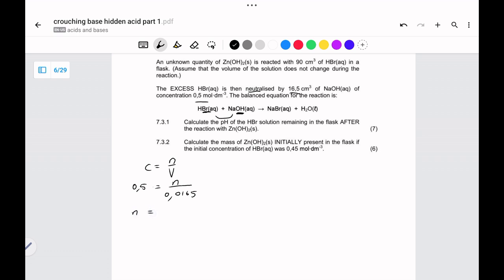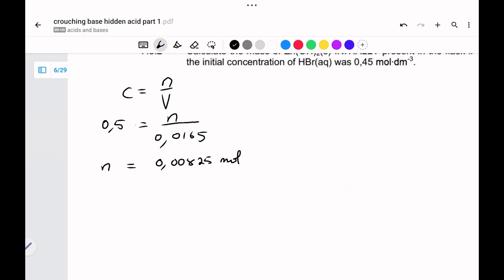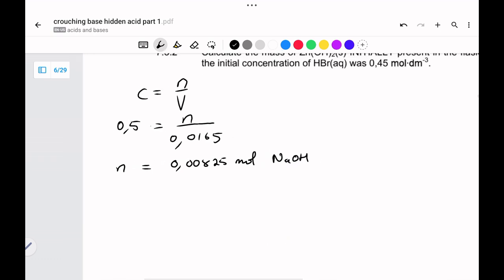So our calculator tells us, okay, there's our sodium hydroxide moles, and now we're going to mole ratio.